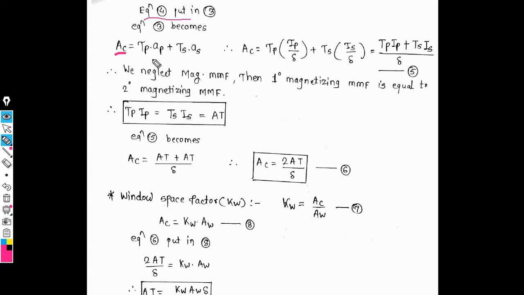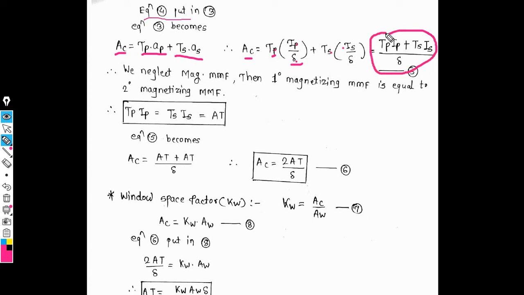Then Ac is equal to Tp into Ap plus Ts into As, so Ac is equal to Tp into Ip upon sigma plus Ts into Is upon sigma. This is the final equation of the total copper area of the primary winding and secondary winding.